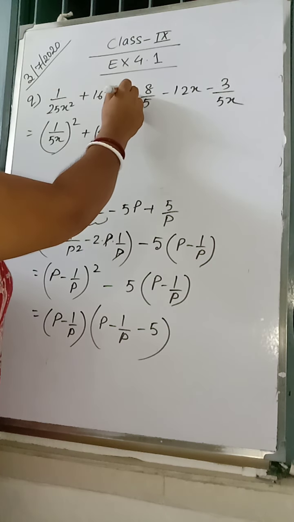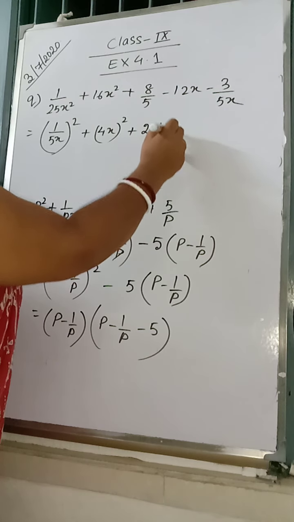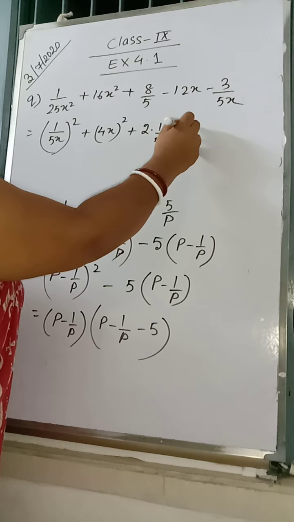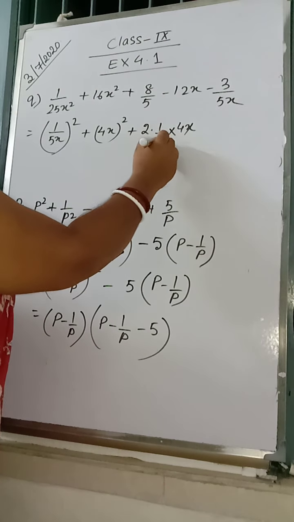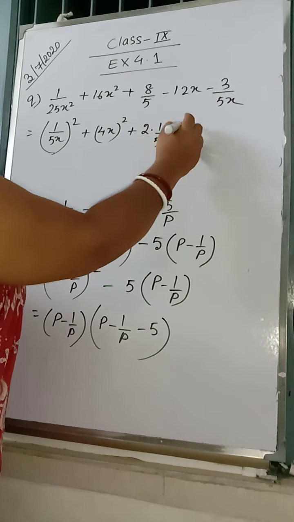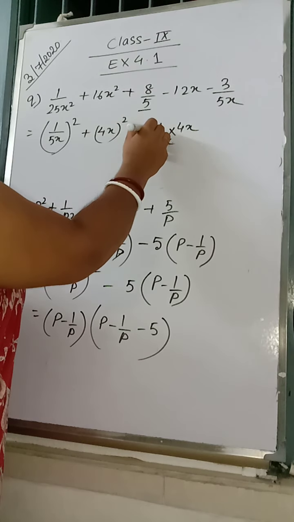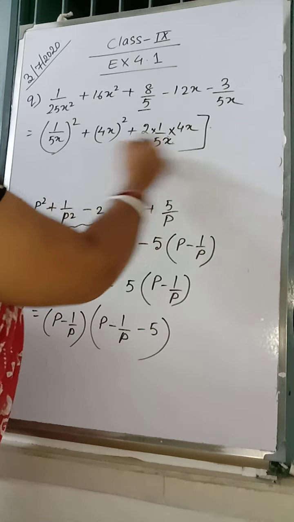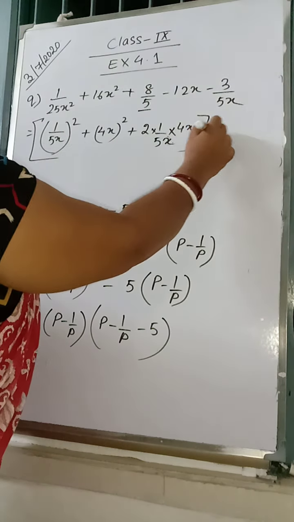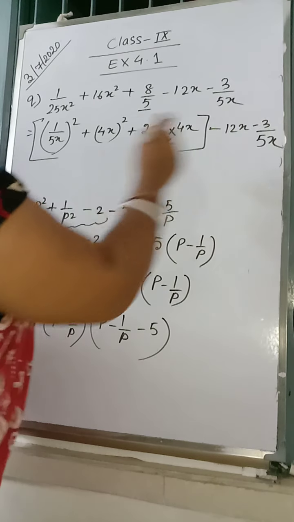And this 8 by 5, I can write as 2 into 1 by 5x into 4x. That gives you 8 by 5. So this is 2ab. Minus 12x minus 3 by 5x.